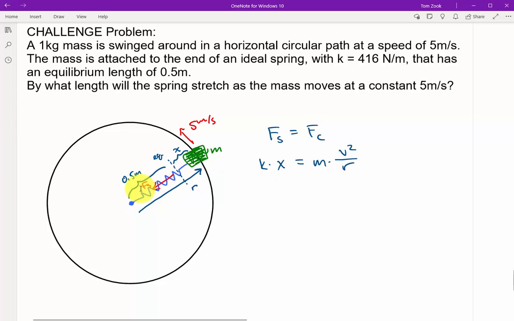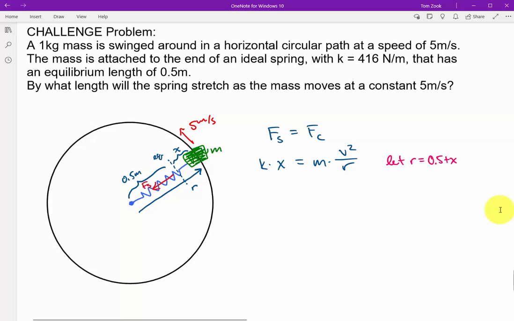So that's where I have to substitute in, say let r equal 0.5 plus x. Now I've got a little algebra problem that I can set up here. This is how far I've stretched the spring. This is the original length plus the stretch.